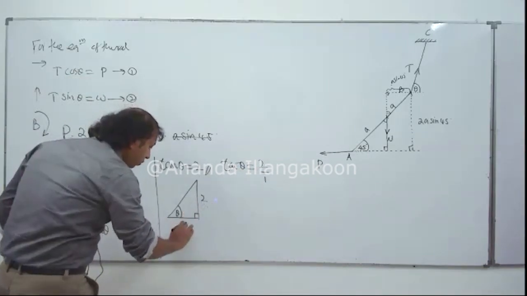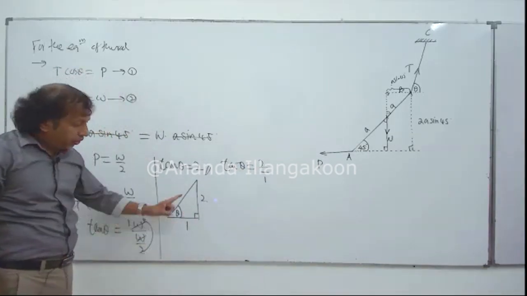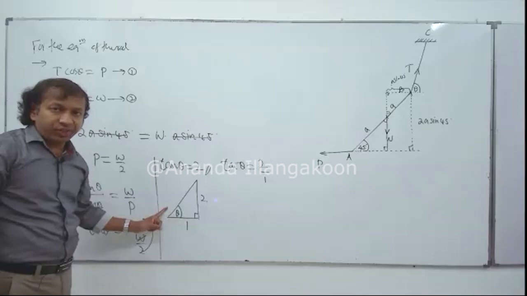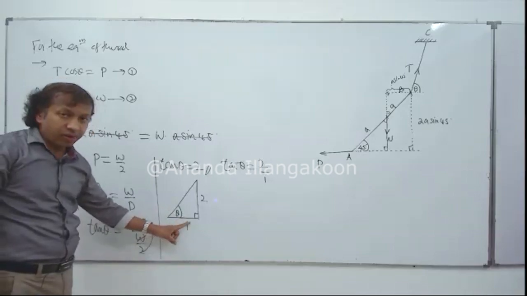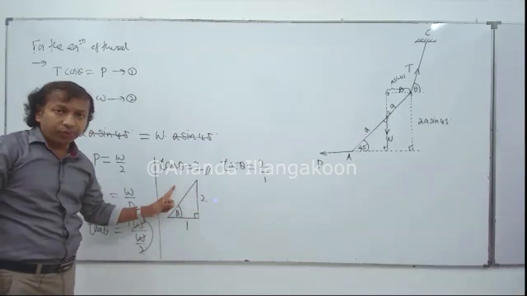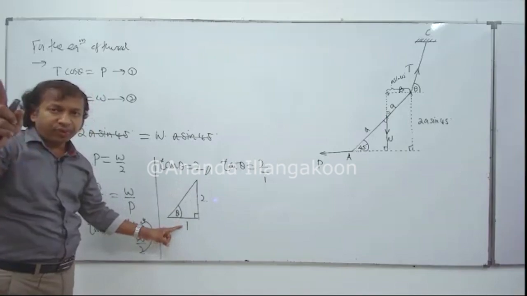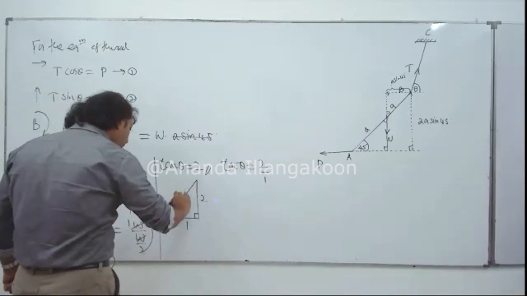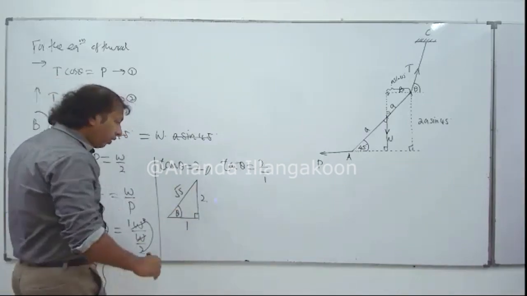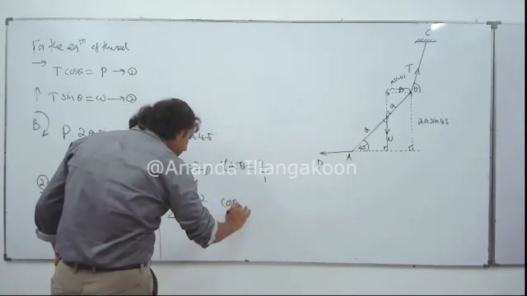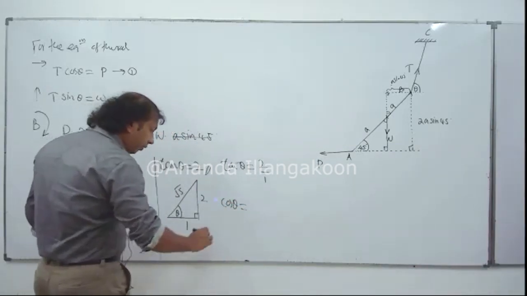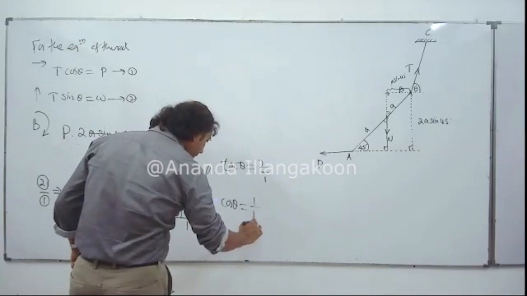We find the hypotenuse using Pythagoras theorem: root of 1 squared plus 2 squared, that is root of 1 plus 4, which is root 5. Then cos theta is the adjacent side divided by the hypotenuse.